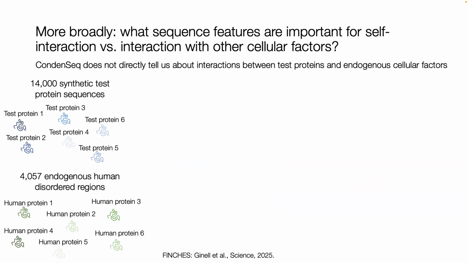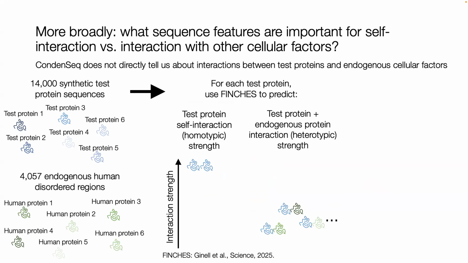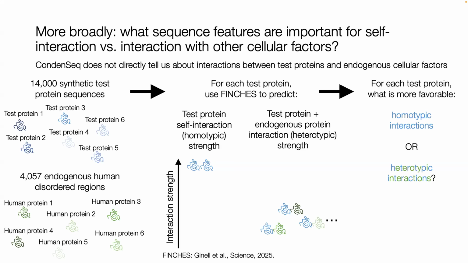And then we can ask for every test protein, we can compute the self-interaction or homotypic interaction strength. And then we can also compute the interaction strength between one of these test proteins and every single one of these endogenous disordered regions. And then we can ask for each test protein, what is more favorable? The homotypic interactions, so self-interactions, or heterotypic interactions, interactions with other cellular factors.